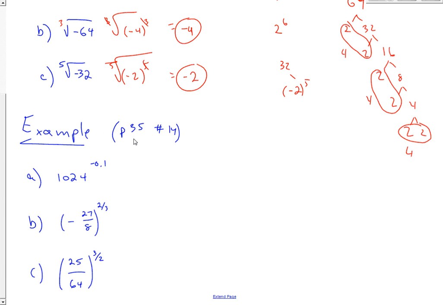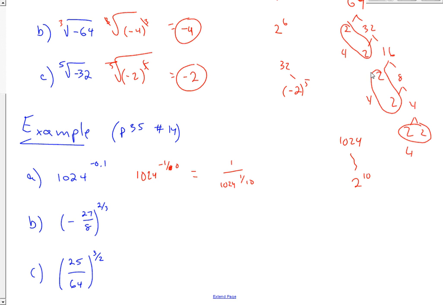And for this last example here, I have 1024 to the negative 0.1, which is 1/10. So 1024 to the negative 1/10. And because that's a negative exponent, let me make that a 10, I'm going to have 1 over 1024 to the positive 1/10. If I do a factor tree, I will get 2 to the 10th.